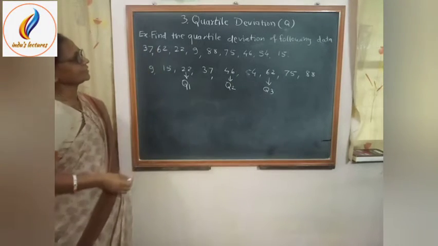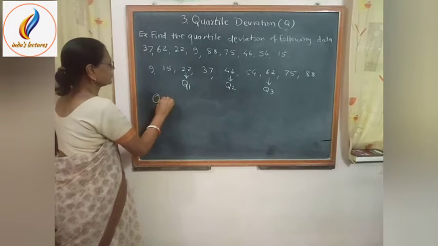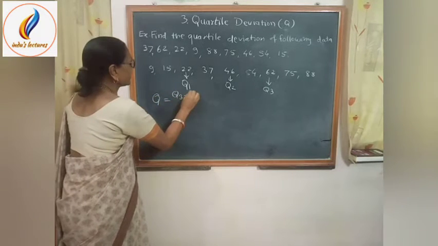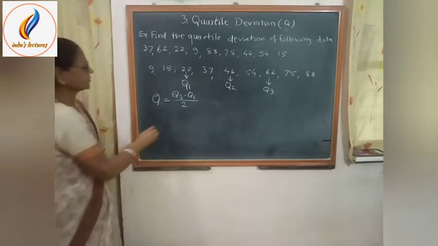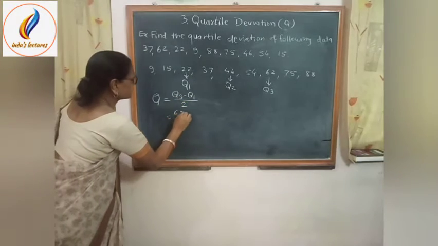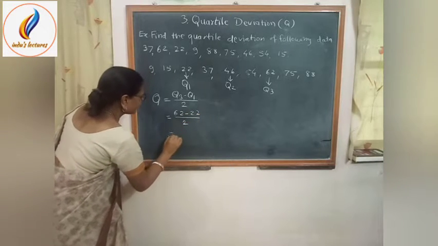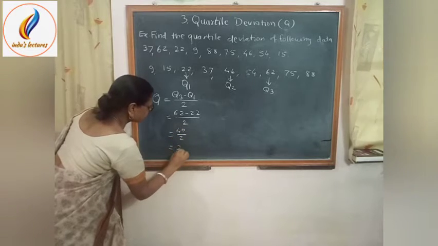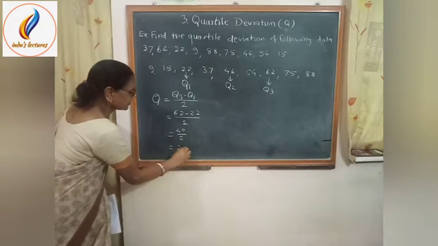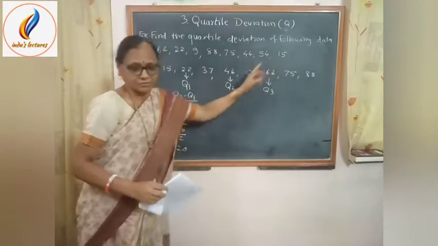So we can find the quartile deviation by using the formula Q is equal to (Q3 minus Q1) upon 2, which is equal to (62 minus 22) upon 2. The difference is 40, and 40 by 2 means 20. That means 20 is the quartile deviation of the given scores.